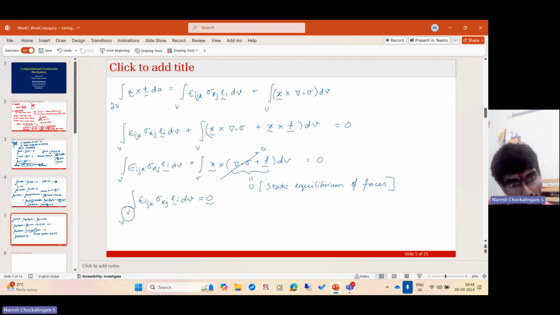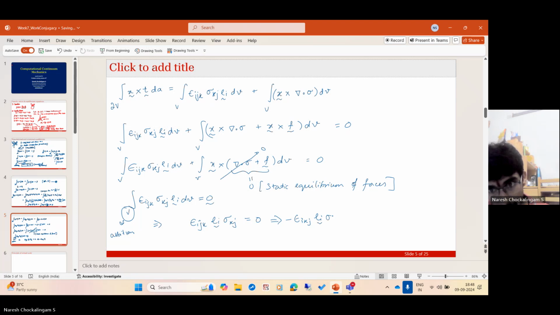Again, this volume is arbitrary, which implies the integrand itself has to be equal to 0. Epsilon ijk ei sigma kj is equal to 0. But epsilon ijk is nothing but minus epsilon ikj, so minus epsilon ikj ei sigma kj is equal to 0.